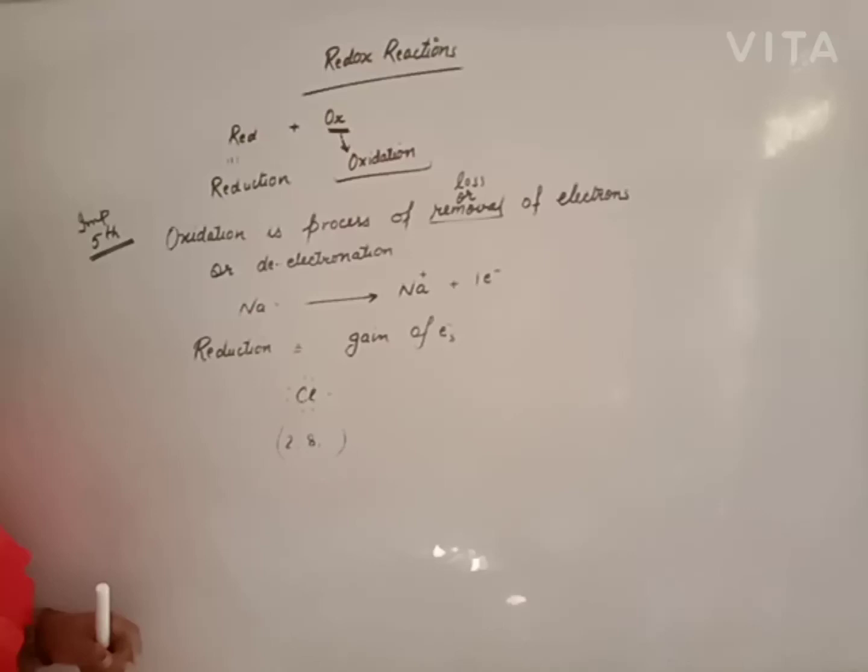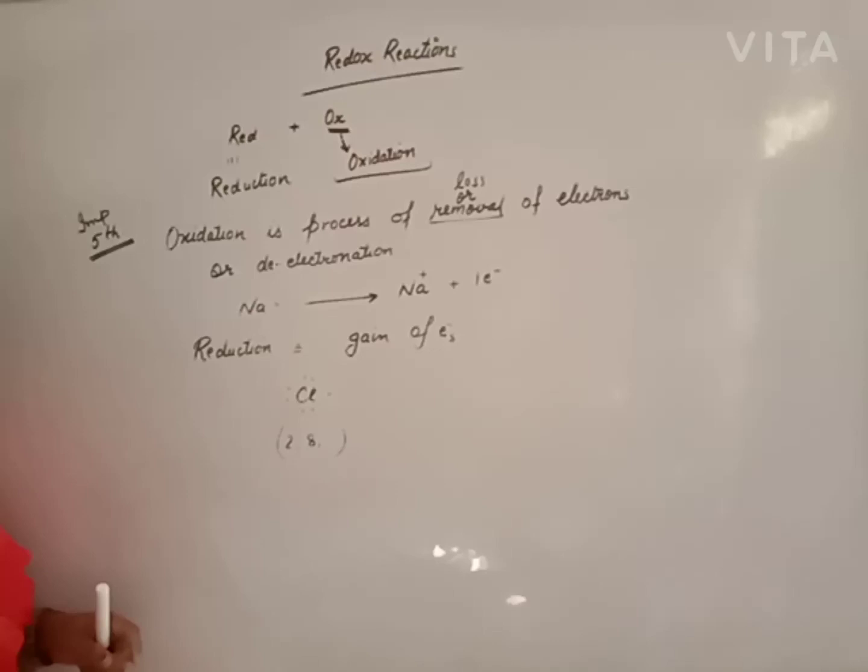In our exam, this question is of 2 marks. I will give you a reaction and state clearly: identify oxidation, reduction, oxidizing agent and reducing agent. You will identify oxidation, half mark; reduction, half mark; oxidizing agent, half mark; reducing agent, half mark. That question carries 2 marks.